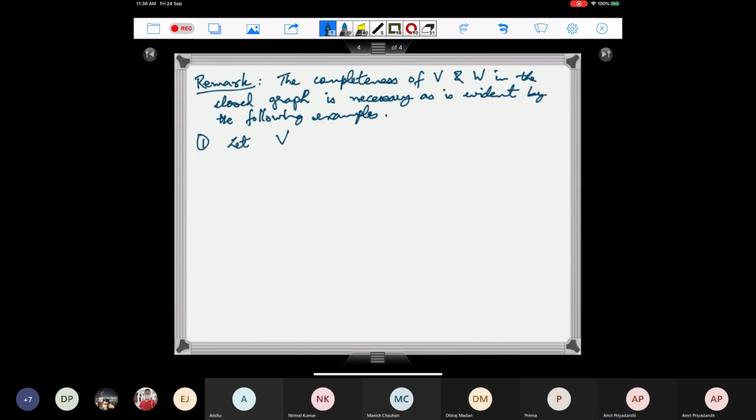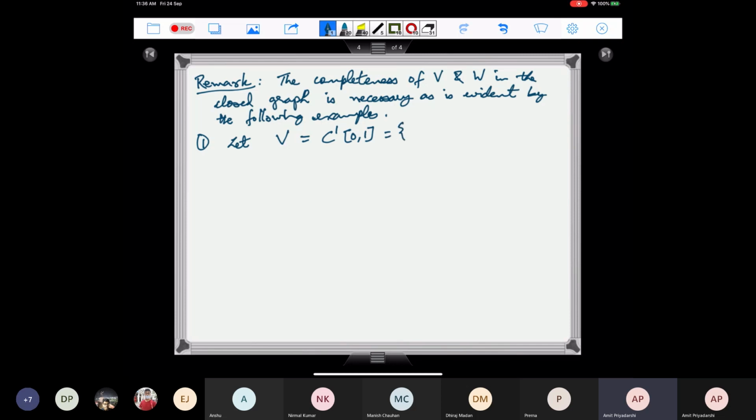So we'll take V equal to C^1[0,1]. So what is that? This is equal to all continuously differentiable functions on [0,1].